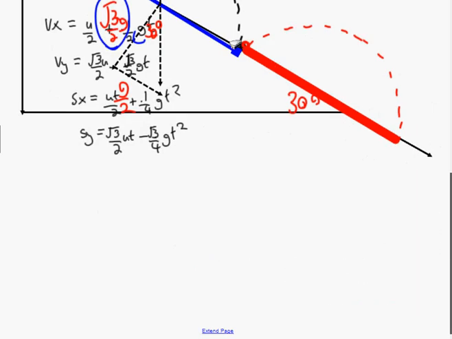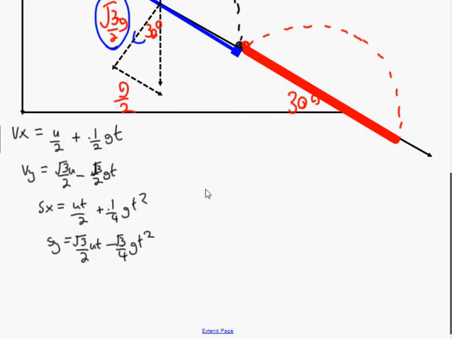So, step 1, find time of flight. Now phi x and phi y. So we're going to say sy equals 0. When sy equals 0, this one here equals 0.